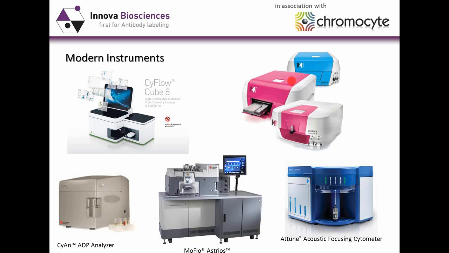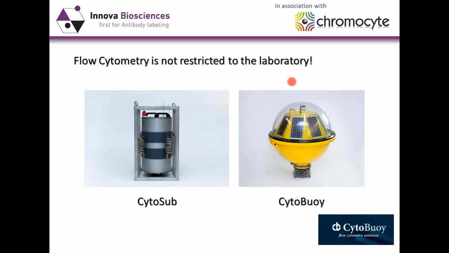But before I move on, I think it's worth highlighting that you don't necessarily have to be in a laboratory to analyze cells using flow cytometry, and I thought it'd be worth highlighting these 2 instruments, the CytoSub and the CytoBuoy.